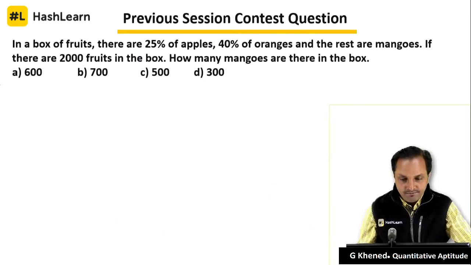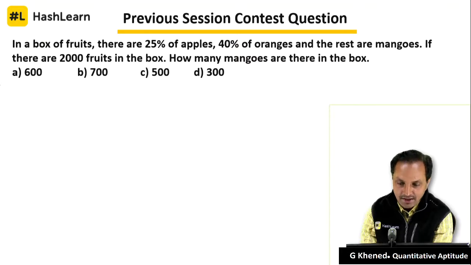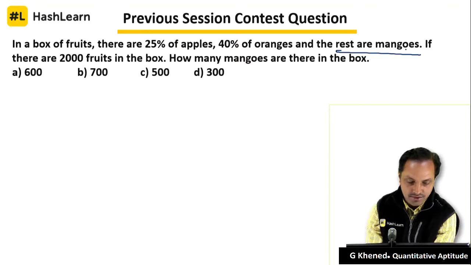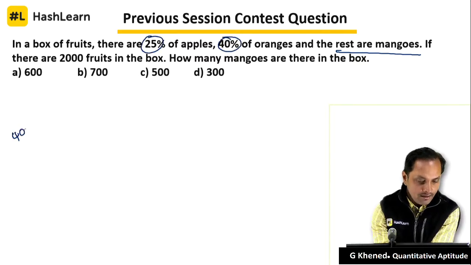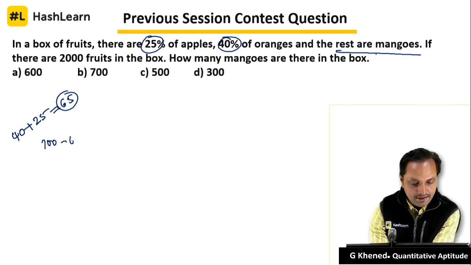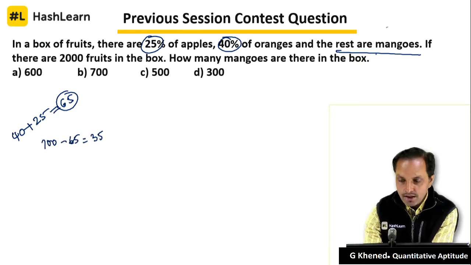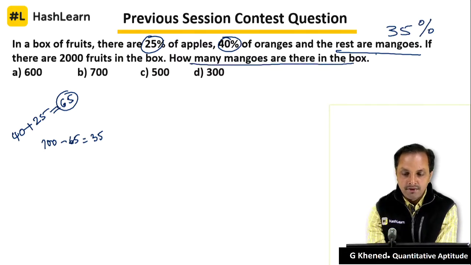So, here is the contest question of the previous session. The problem was, in a box of fruits there were 25% apples, 40% oranges and the rest were mangoes. You know that the rest is 40 plus 25, which is 65, so 100 minus 65 is 35. So 35% were mangoes. How many mangoes were there in the box?